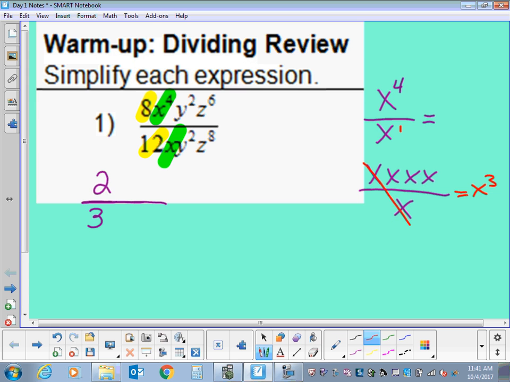So 4 minus 1 is 3. Which one is bigger, the 4 or the 1? The 4, so it stays on top, like x to the 3rd over 1. But that's not too important right now. Does it go on the top or the bottom? The top, because my 4 is bigger. So x to the 3rd.